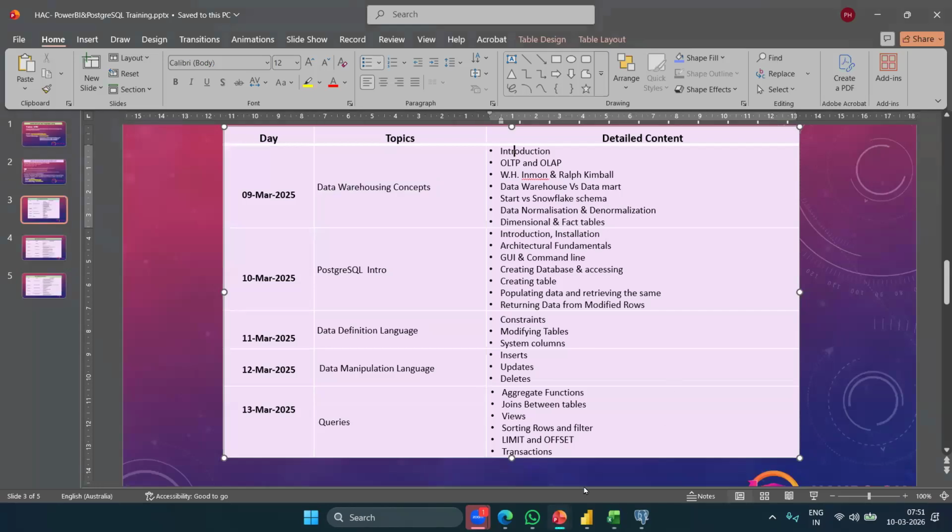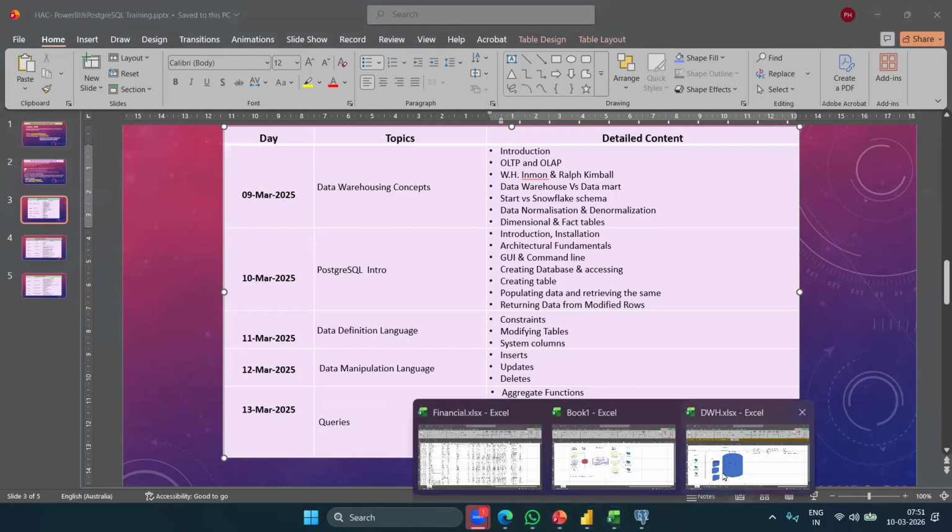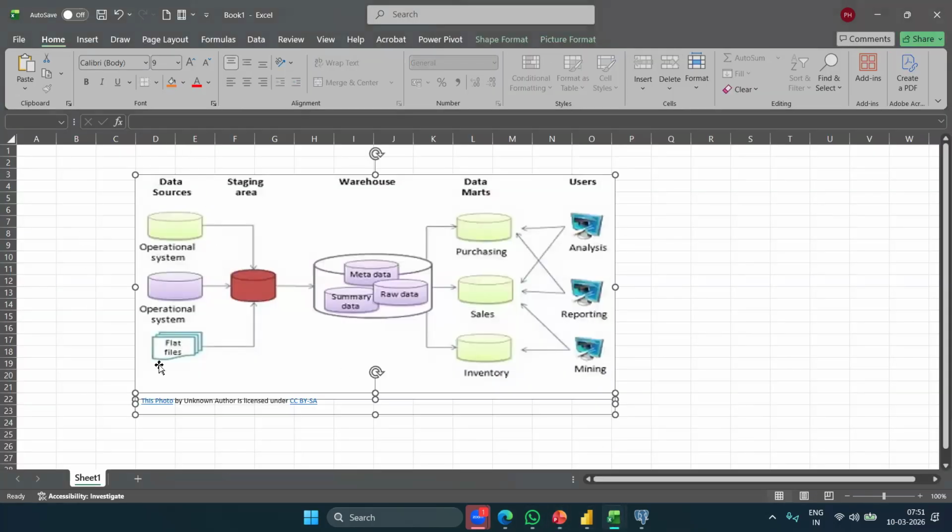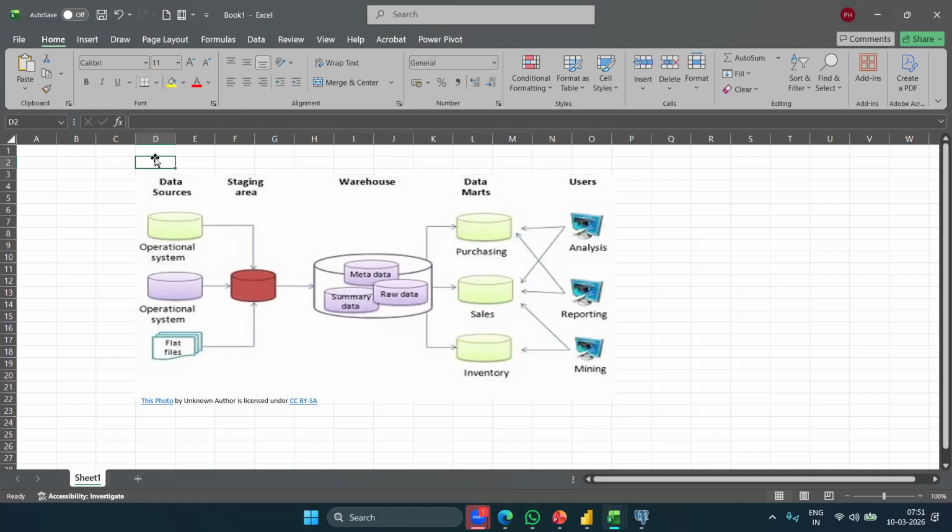Is it clear till now? Now, the systems that do the operational things, we call it online transactional processing, OLTP.